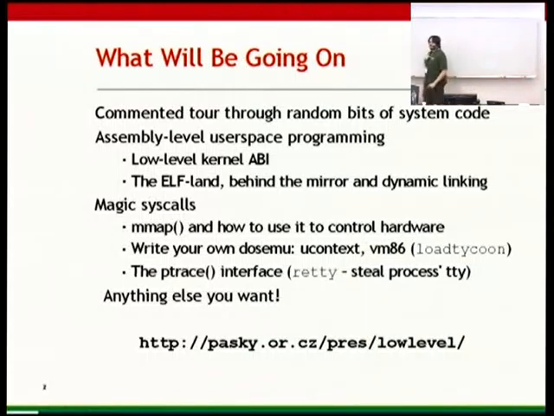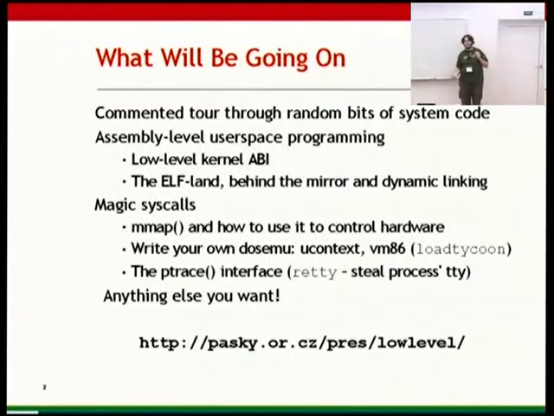I'll show you how to run code that was never meant to run in Linux in the user context. So we'll actually see how Wine works, how DOSEMU works, and how can you take some code, which can be meant for running standalone, or designed for some other operating system, and how to set up the context of the Linux process to actually be able to run this code that was never meant for Linux.